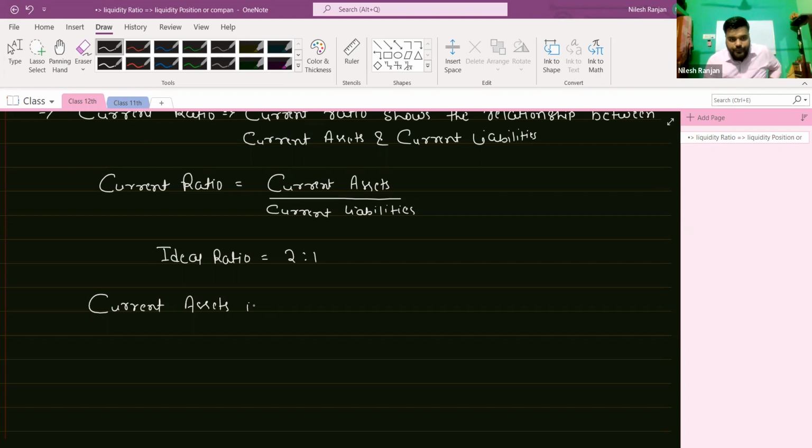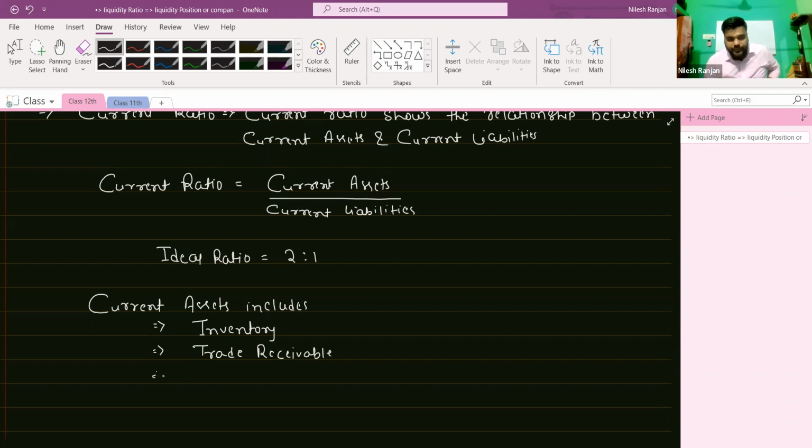Current assets includes inventory, trade receivable. Trade receivable means debtors and bills receivable are included in trade receivable.